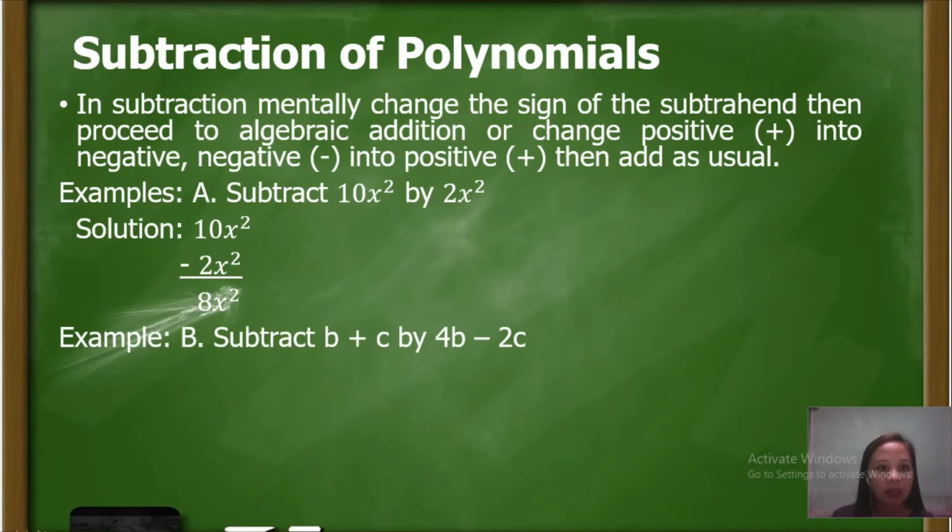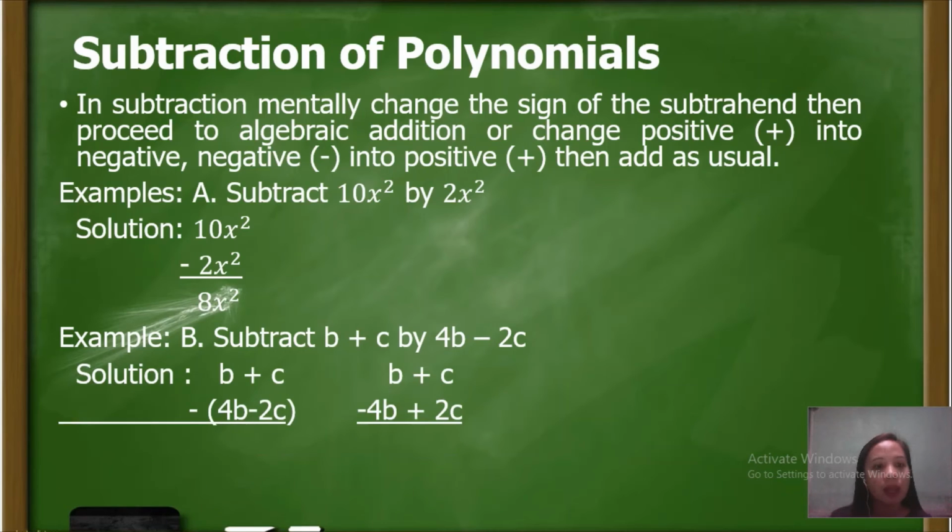Another example, subtract b plus c by 4b minus 2c. In this example, we have two terms. So copy b plus c, and then you're going to subtract it from 4b minus 2c.